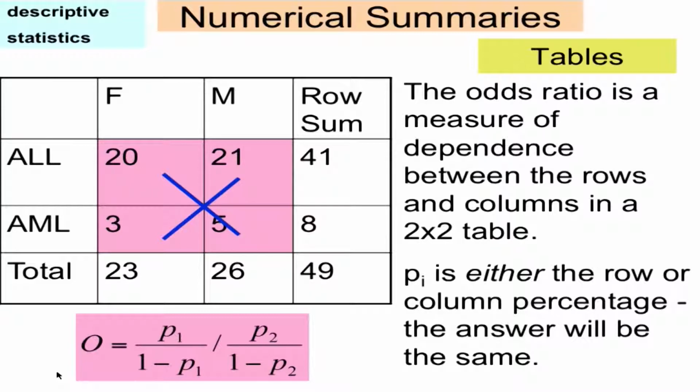Okay? So if they're not proportional, so that say males disproportionately get ALL, then this will be far from 1.